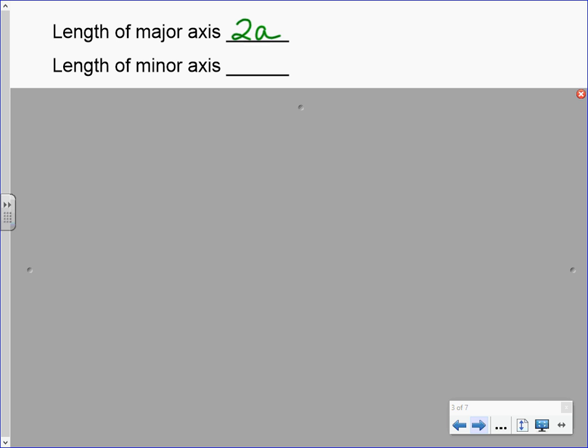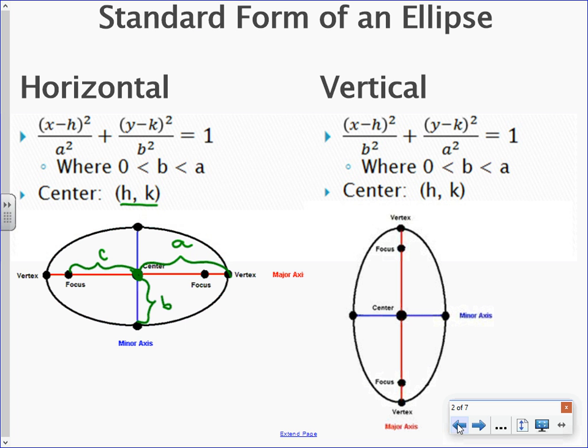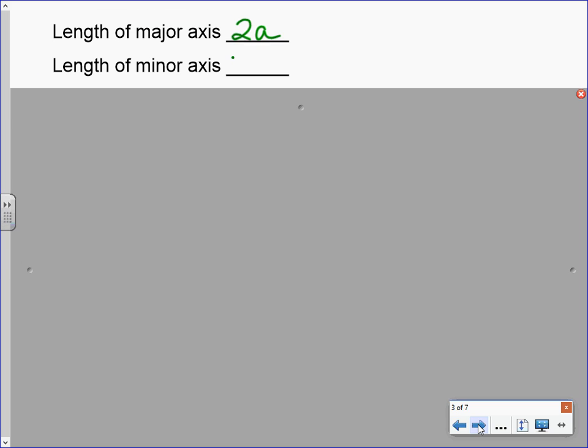Along those same lines, start to finish, for our minor axis, how long would that be? Our minor vertices are how far from the center? B, so from start to finish, our minor axis would be 2B.